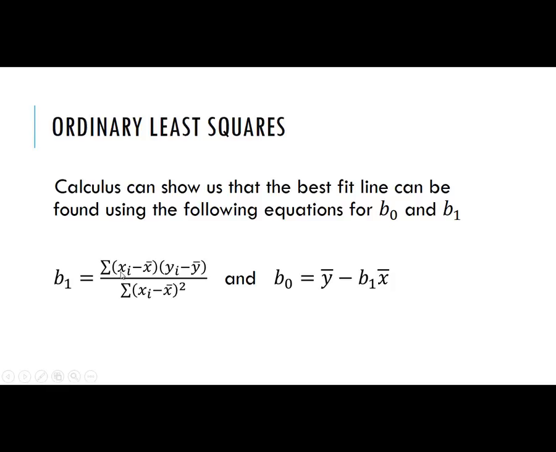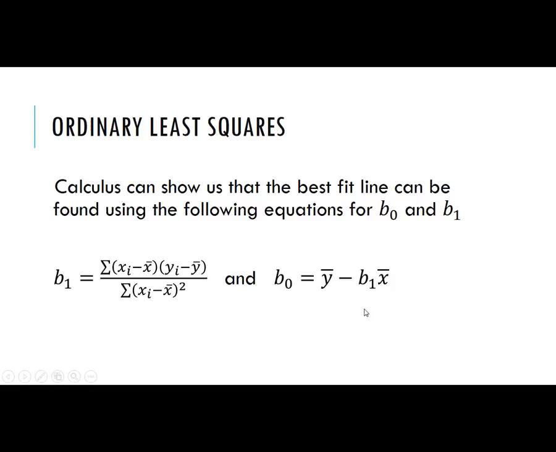So it's the actual x value minus x bar, which is the mean of x, times the quantity y sub i, the actual, minus y bar, the mean of the y's. Right? Multiply those together, add them all up. That's the numerator. Denominator is the x minus the x bar squared. Add all those up. So again, we'll have 7 terms in the numerator, 7 terms in the denominator, because we have 7 data points. That gets us our slope.